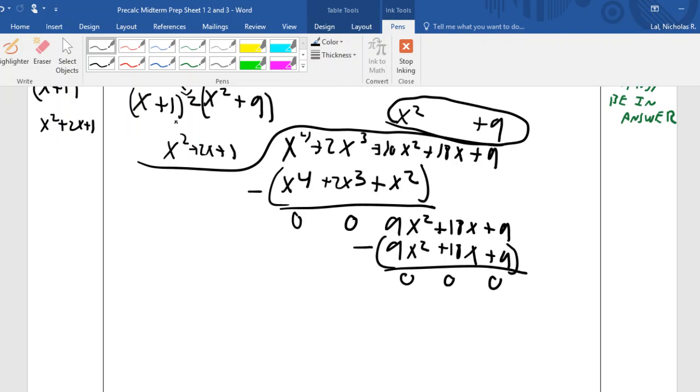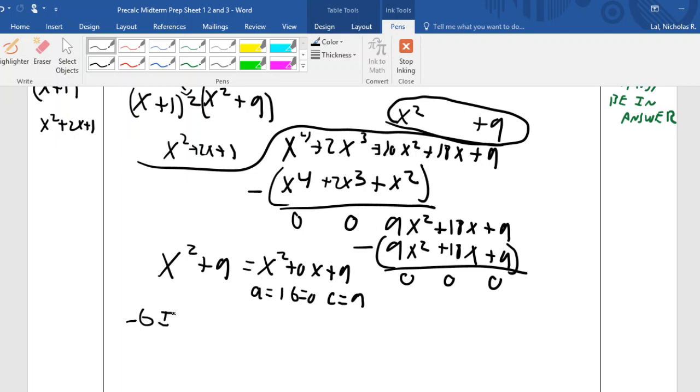So after dividing our original term by what we know is a factor, we're left over with x squared plus 9. And I'm going to rewrite this as x squared plus 0x plus 9. So a is 1, b is 0, c is 9, and we find our other factors by the quadratic formula.